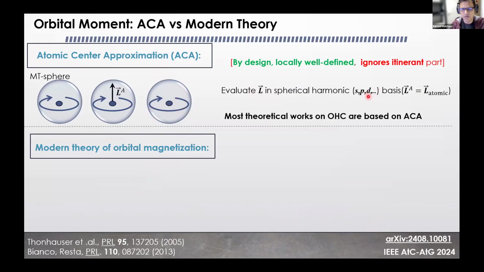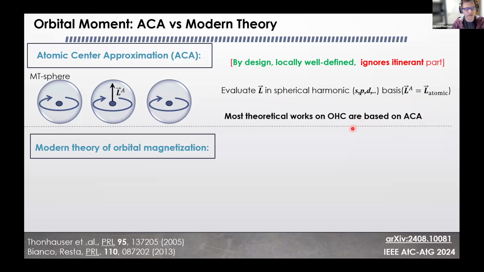That means you can represent your L operators in atomic or spherical harmonic basis set, s, p, d, and so on, and then calculate the expectation value of the orbital current or orbital accumulation. That would be what we will be showing next. And most of the theoretical calculations so far, which are based on diffusion models and so on, are based on this.